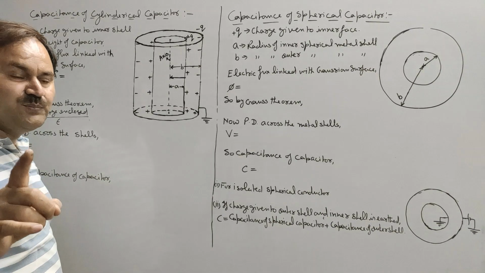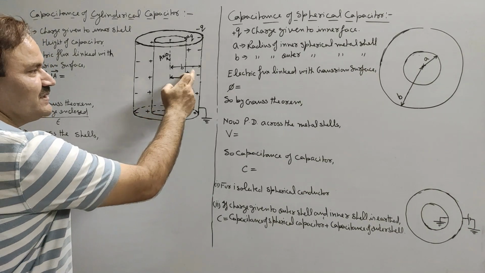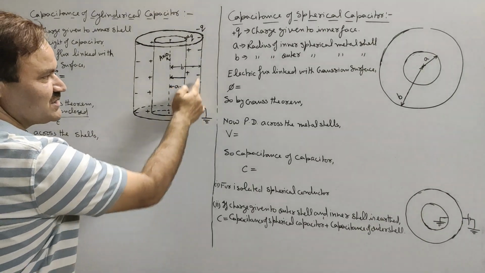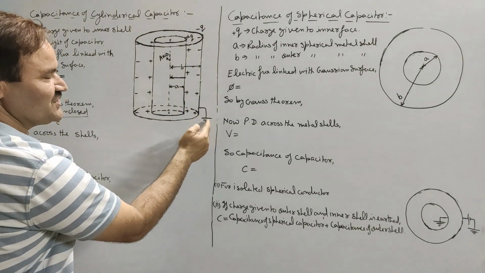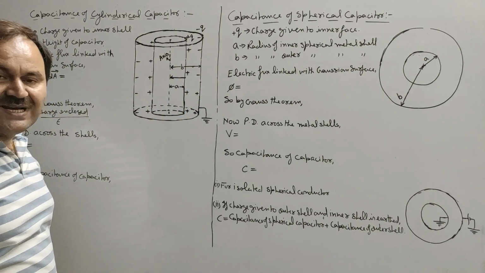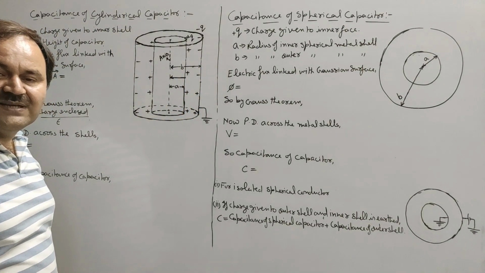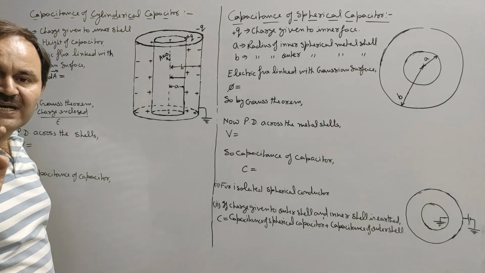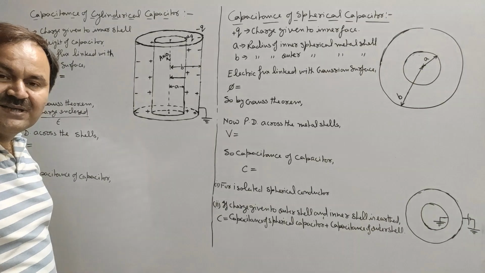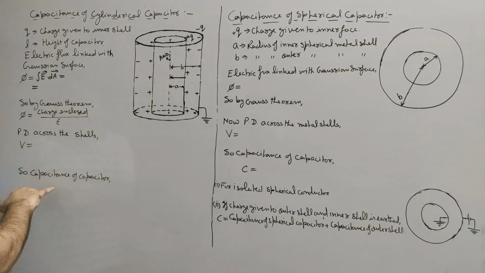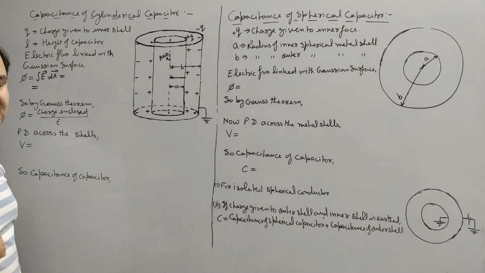That electric field obtained will be integrated from outer shell to inner shell, because outer shell is at zero potential, to obtain the potential difference across the shells. Then charge given to the capacitor divided by that potential difference will give us capacitance of the capacitor.